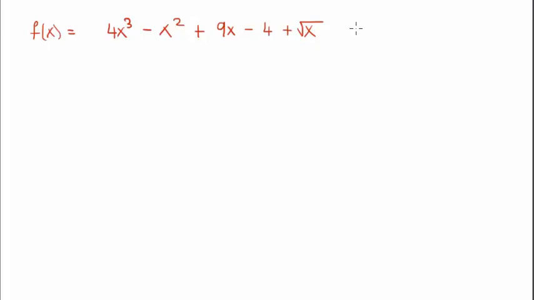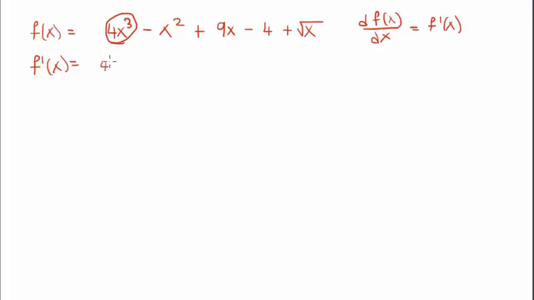Well, f prime of x, or the derivative of f of x, is sometimes denoted as df of x over dx, or it's sometimes referred to as f prime of x. Okay, so this right here is the first derivative. So I'm just going to write this, f prime of x. We go term by term. What's the derivative of this term over here?